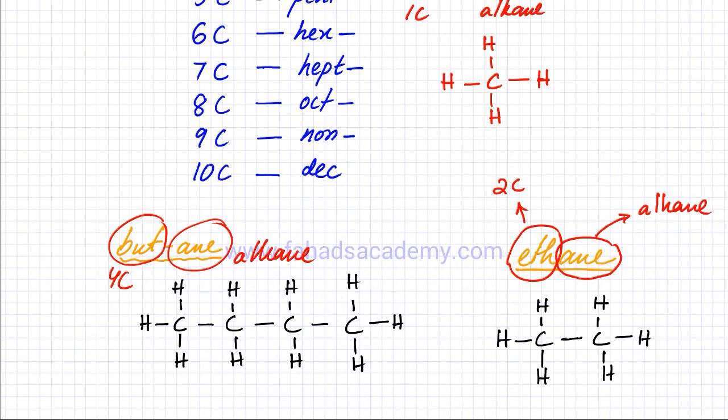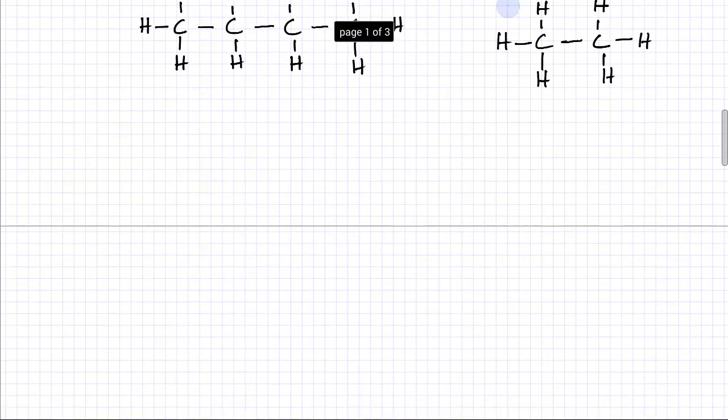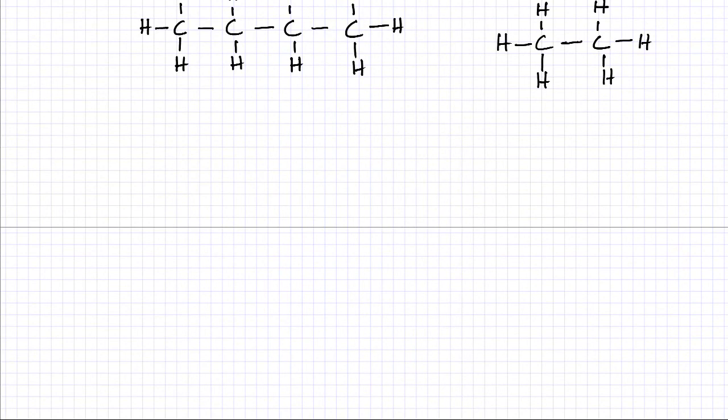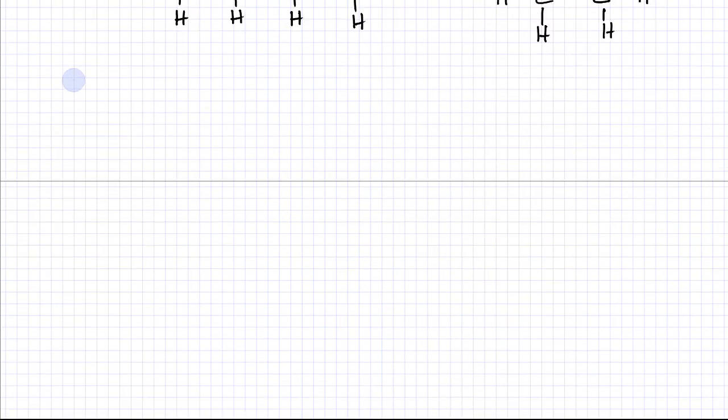Now, naming other homologous series would be very similar to naming alkanes. The basic rules are exactly the same. So let's start off with alkenes now. If we want to name an alkene, let's revise first what an alkene was.